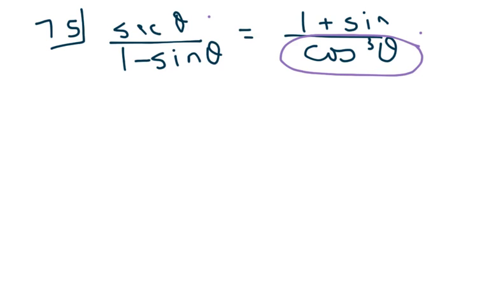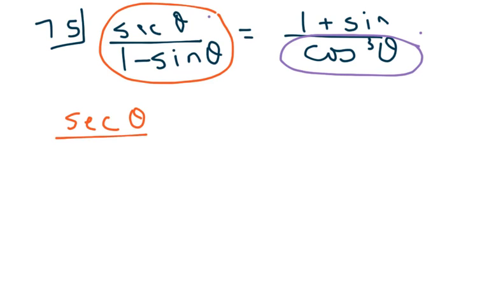Since we have this cube here, I'm going to take this side and multiply it by the conjugate. Not the conjugate actually, I'm just going to multiply it by 1 minus sine. So I'm going to take secant theta over 1 minus sine and multiply it by 1 minus sine. You'll see why in a minute.